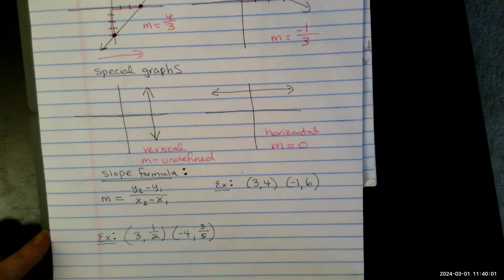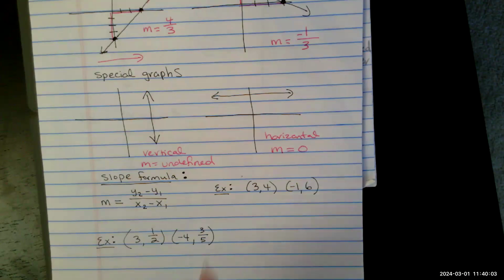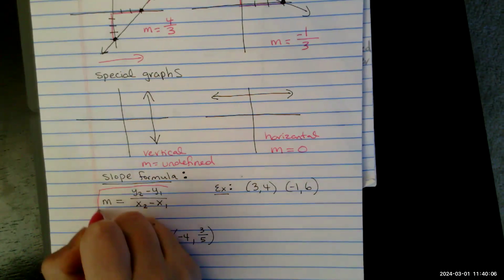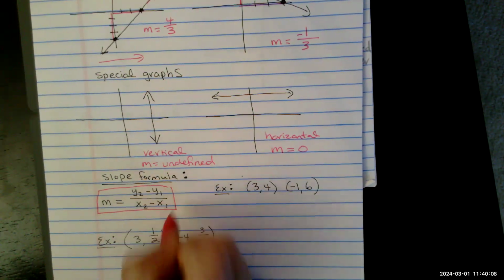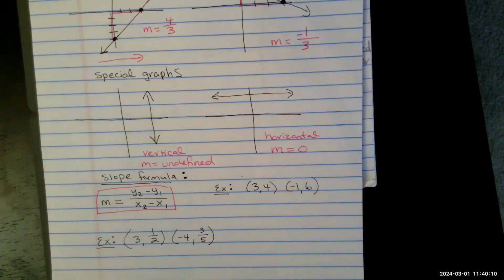Now, if we don't have a graph, we will need this fancy looking formula, but it's not as complicated as it looks because the little 2's and the 1's are basically just telling you whatever order you choose to do the top.